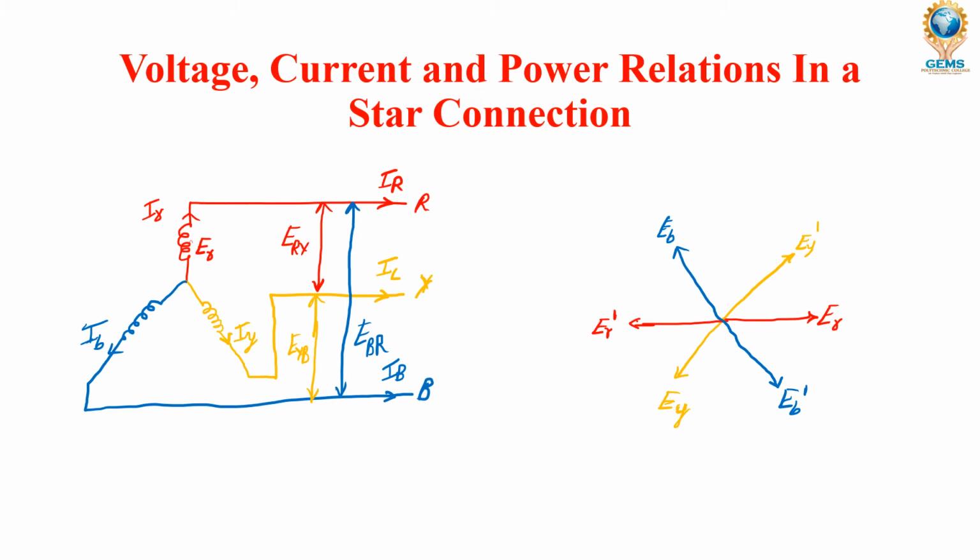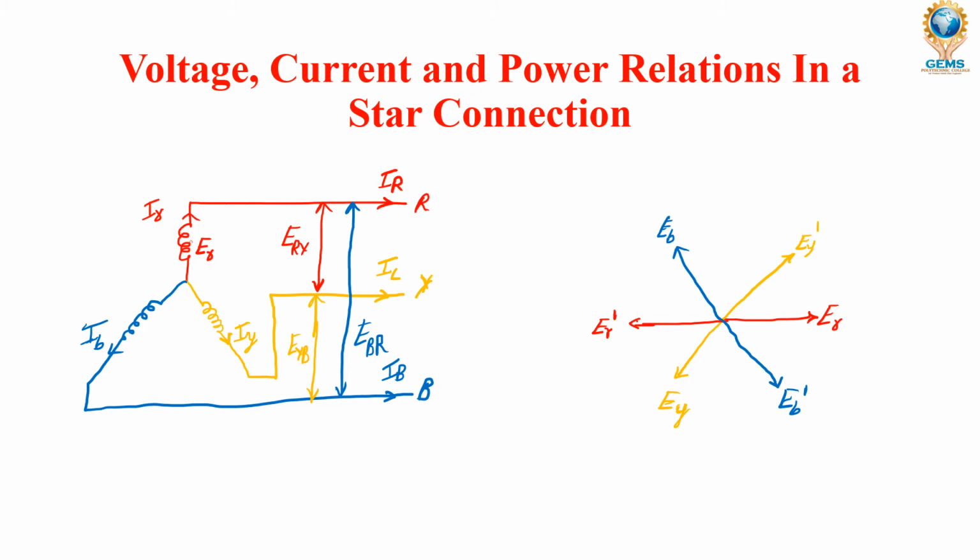Next, if we see line currents, let me draw one more here. Here you can see always the current is going to be lagging with respect to voltage, because in maximum cases the load will be inductive. In general, on power system the load will be inductive load.